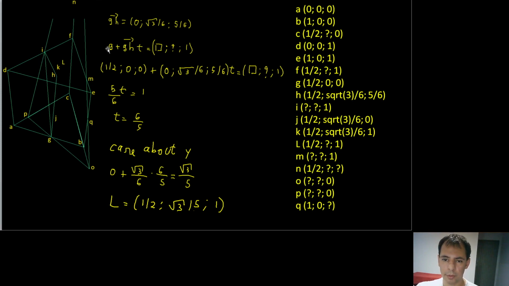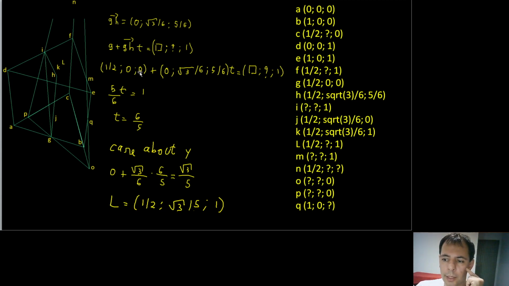This is the g point plus t times the gh vector. You still want the y. You don't care about the x, because the x you already know what it is. It's 1/2. Okay, now the z coordinate in here you already know too, because it's 1, right? Because L is at the top, so you know that it's 1.